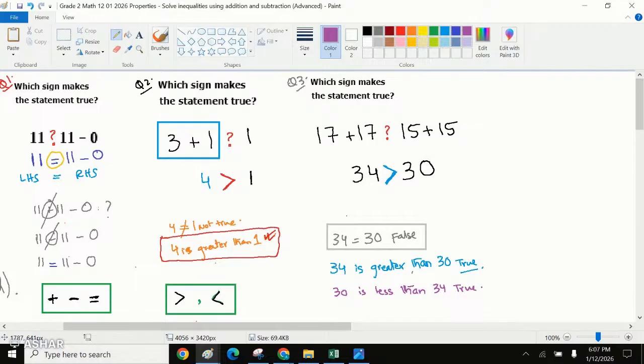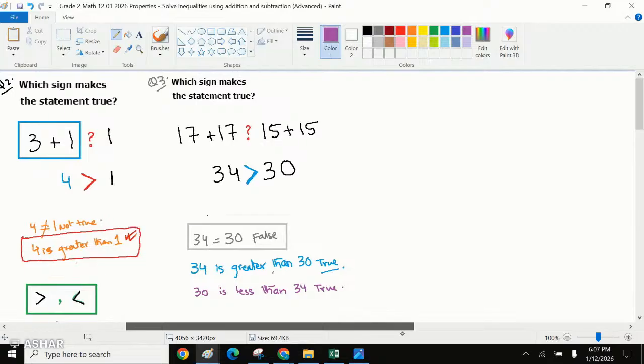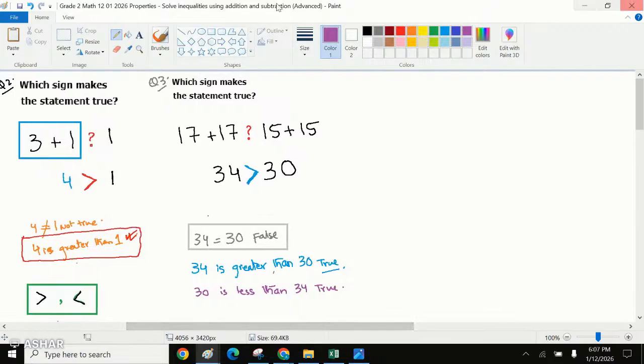Okay. So this is how we need to replace the question mark with a sign that will make the statement true. And the open mouth is always towards the bigger value. Okay. That is something we need to remember, that the open mouth will always tell us which number is bigger. Okay, because we are trying to study the inequalities also.